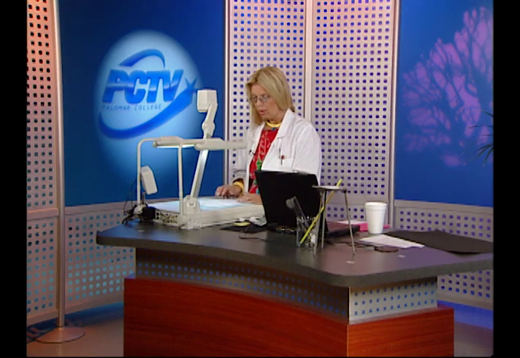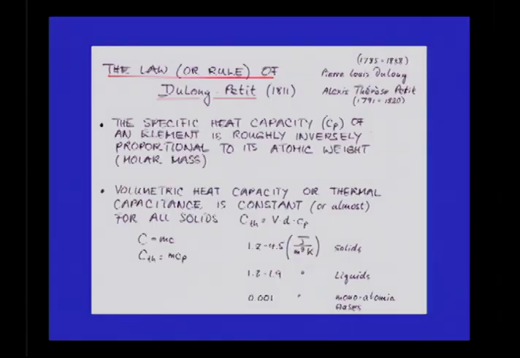Now we are getting to the law I talked to you about, and that's the law of Dulong-Petit, two French people, who noticed that the molar heat capacity, and you know molar heat capacity is just like the gram heat capacity, only it's joules per degree per mole of substance being heated and not per gram.